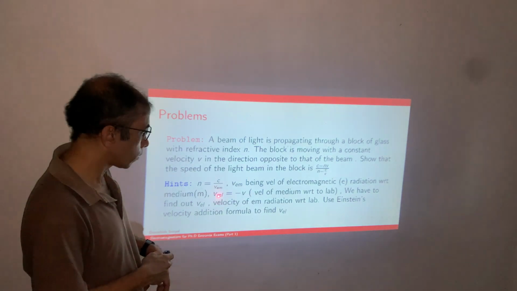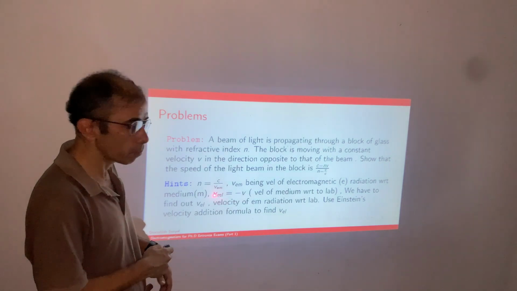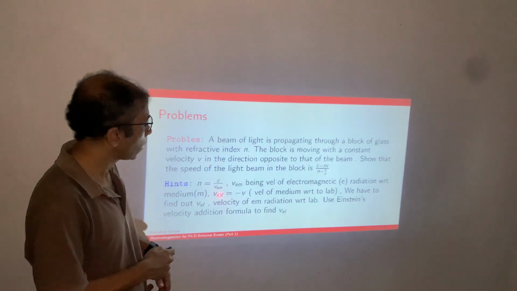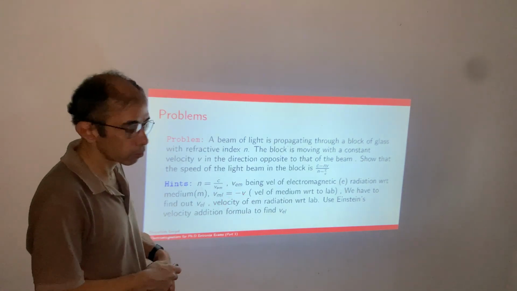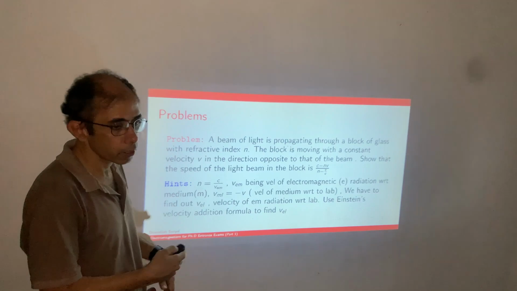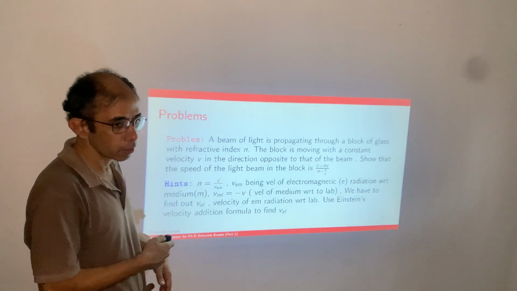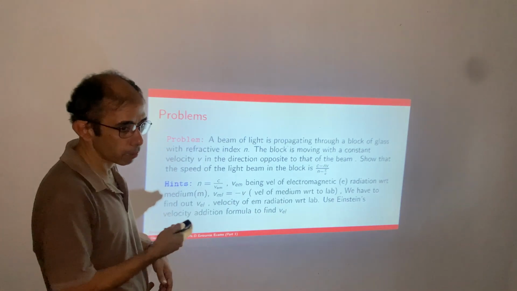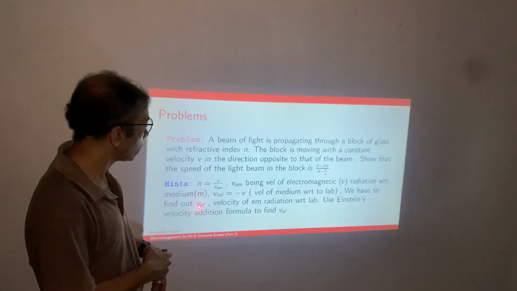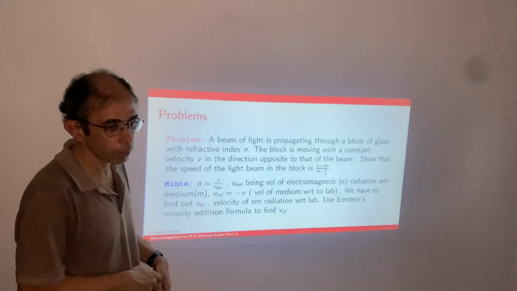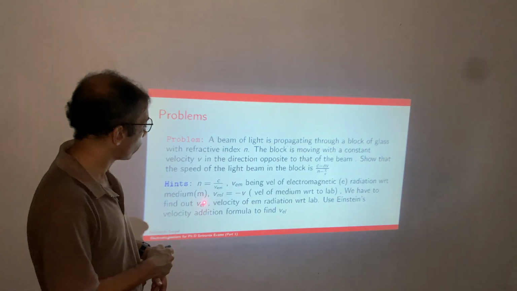And we also know the velocity of the medium with respect to the lab. S stands for lab, and that is minus v. So this medium is moving in the minus x direction, and the light is propagating in the plus x direction. So what we have to find out is V_EL, the velocity of the electromagnetic wave with respect to the lab frame.